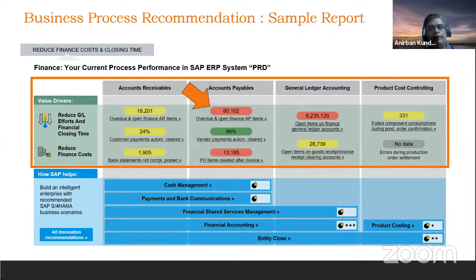Take this example: in accounts payable, we will look at days sales outstanding, and see how with embedded analytics we can have a more real-time view and get this issue resolved.